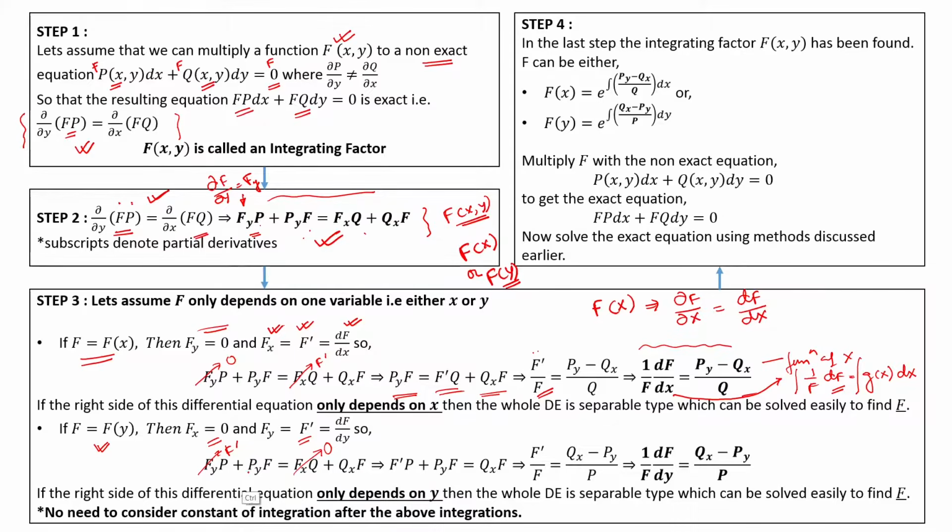So, this equation reduces into this. After rearranging we get this one, and if this right hand side now is a function of y only, then from here we can take this dy to the right hand side, and this differential equation is a separable type differential equation which we already know how to solve, and the integrating factor f can be found.